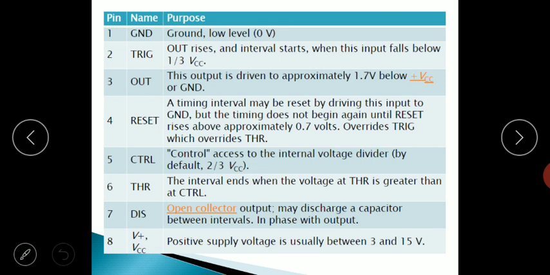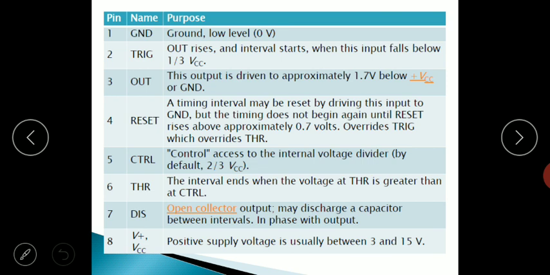You can see pin number 1 is the ground pin, which is connected to 0 volt. Pin number 2 is called the trigger input, which is used to trigger the IC. Pin number 3 is the output pin. Pin number 4 is the reset pin. All these pins' functionality will be more clear when we see the internal structure or architecture of the IC 555 timer. Pin number 5 is the control pin.